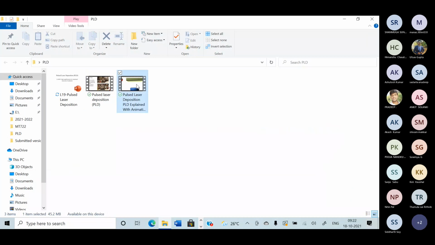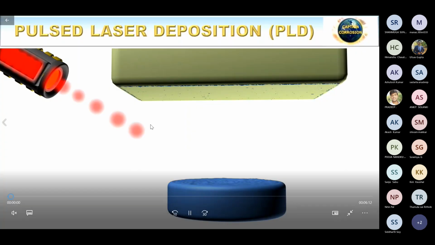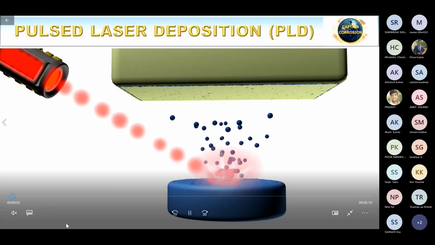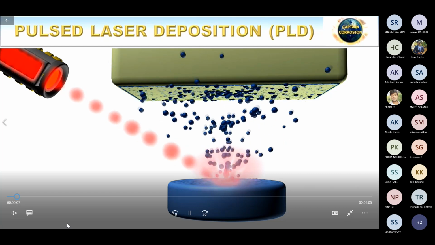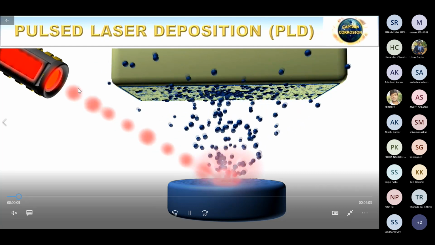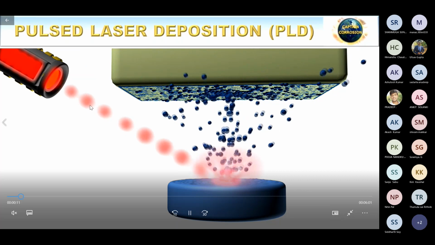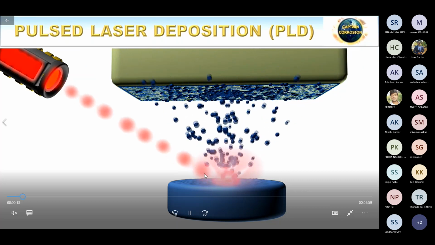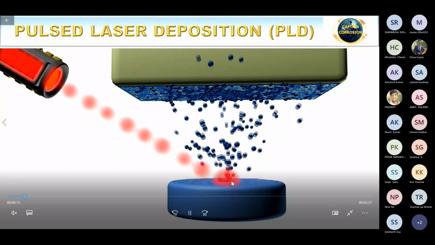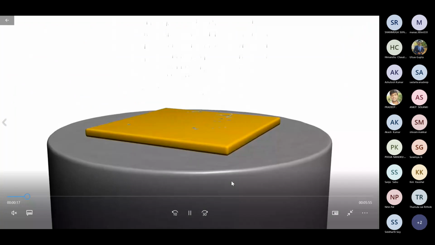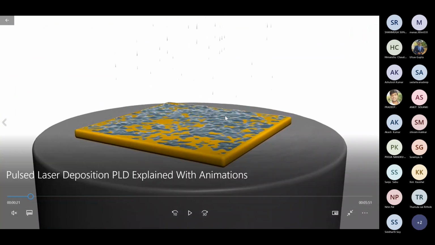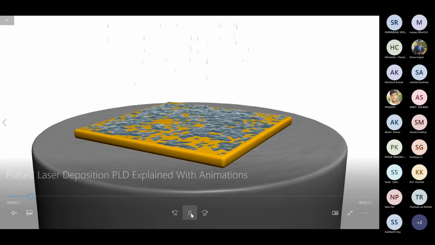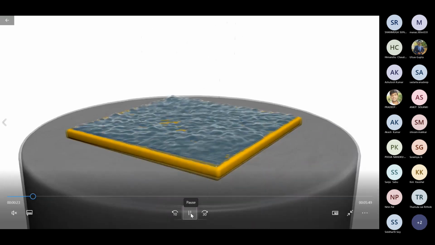Another video I would like to show you. You can see how these things happen when the pulse laser hits. It is not continuous, there is a gap, and the pulse laser is hitting. When that particular electromagnetic radiation hits, you can see how the deposition is going on.